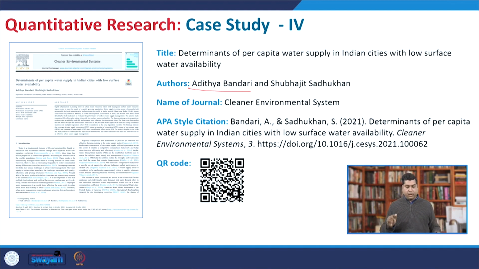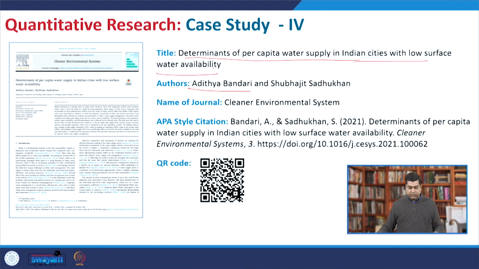So this is all about the water infrastructure, and in this paper we have studied the determinants of per capita water supply in Indian cities with low surface water availability.